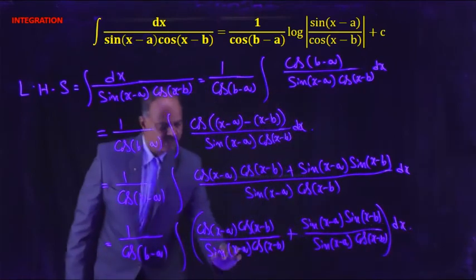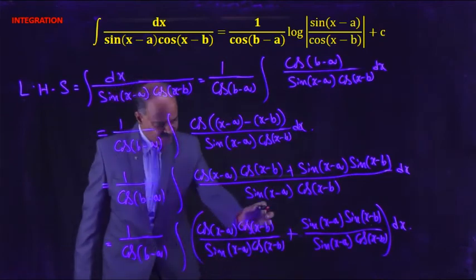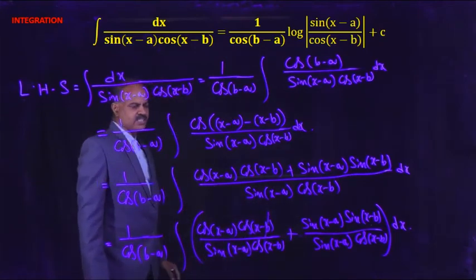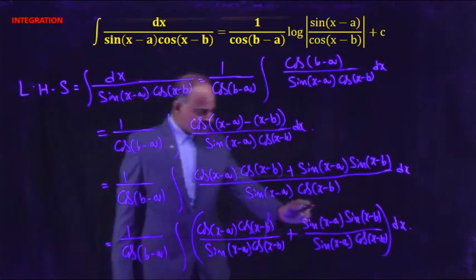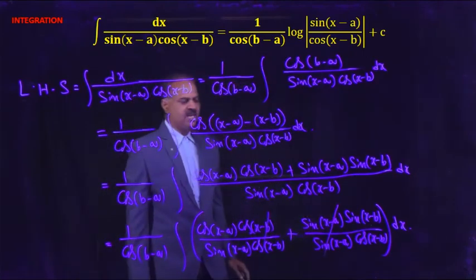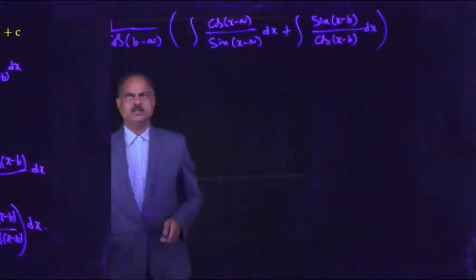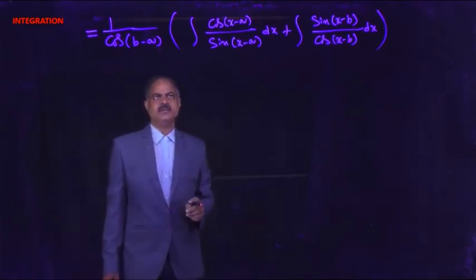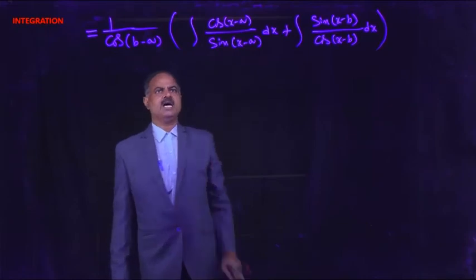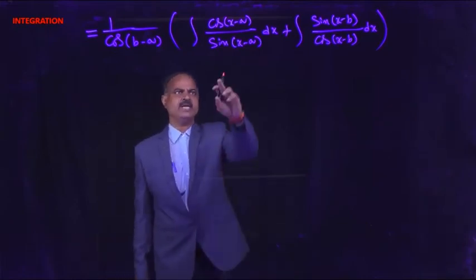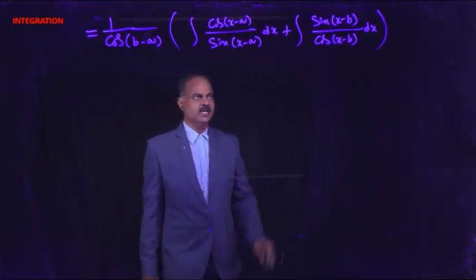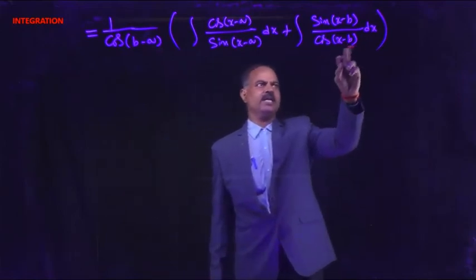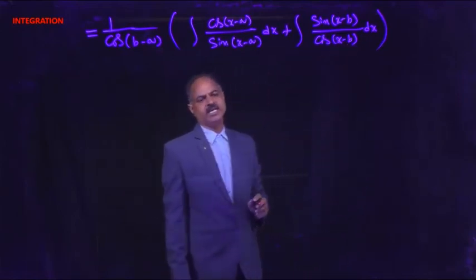Now here cos (x minus b) and this cos (x minus b) get cancelled. So here sin (x minus a) and the sin (x minus a) get cancelled. Now this equals 1 by cos of (b minus a) into integral cos (x minus a) by sin (x minus a) dx plus integral sin (x minus b) by cos (x minus b) dx.